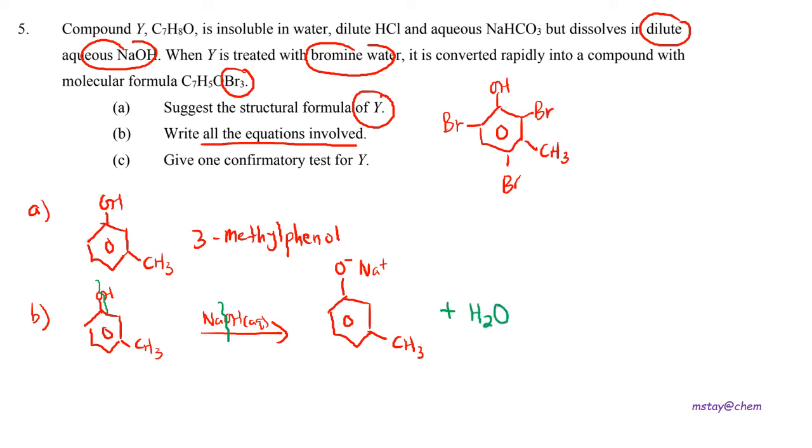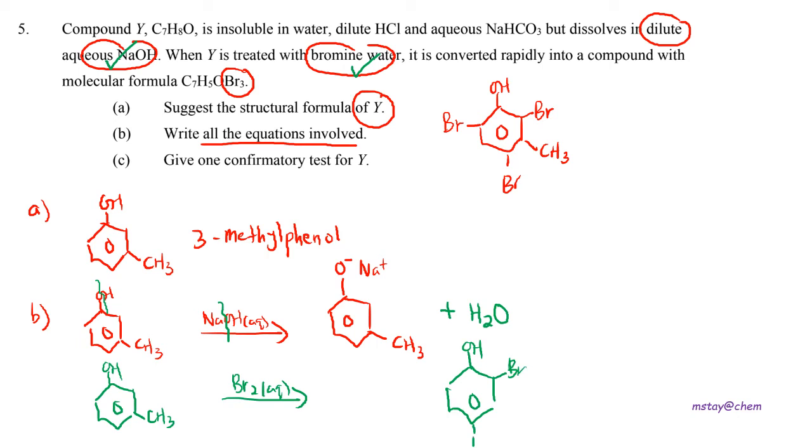The other reaction is with bromine water. So the 3-methylphenol reacts with the bromine water, which will give the product substituted at positions 2, 4, 6, and here we have CH3.